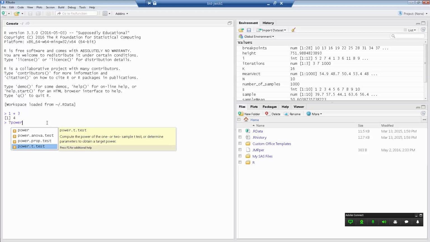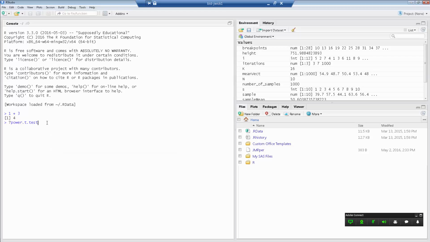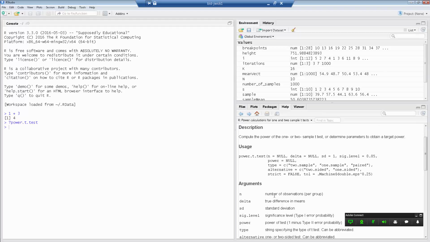I can get additional help that would show up over on the right-hand side, but I'm going to actually just use the function, power.t.test. We'll let it pull up the help over here on the right-hand side. The power.t.test is just a function, and I have to give it some inputs. I have to either give it the sample size that I'm working with.